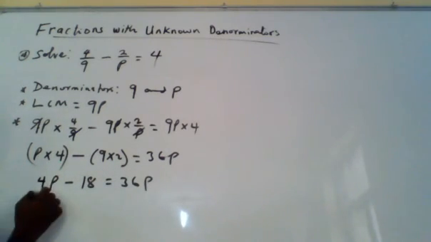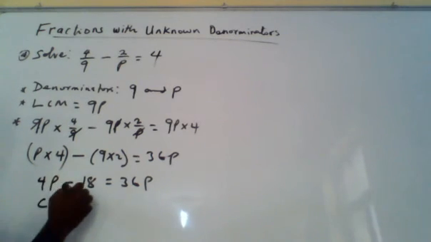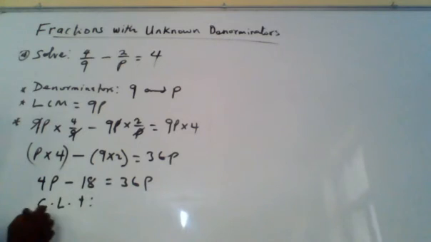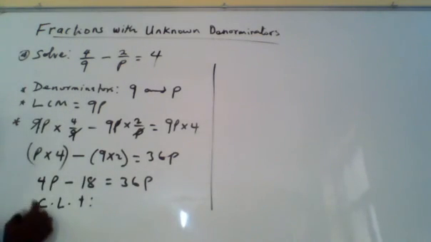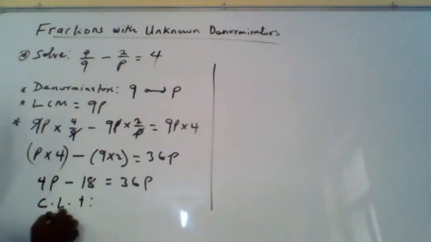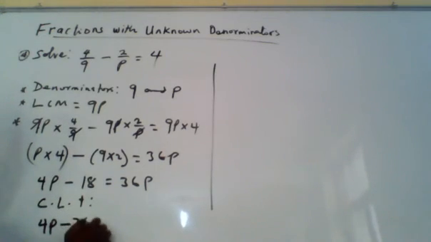Now collect like terms here. I'll collect like terms, and that will be 4p minus 36p equals 18.